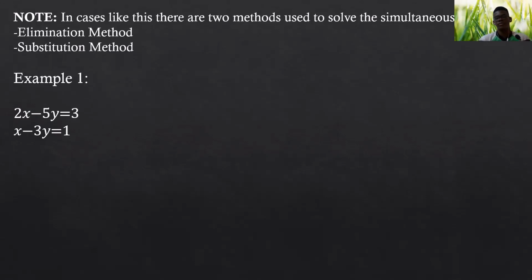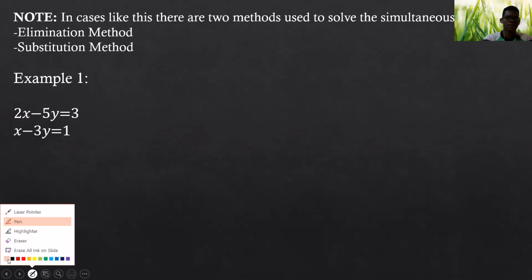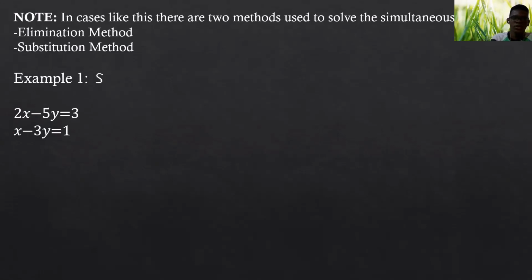But enough talking. Let's look at our first example of solving simultaneous equations, again when both equations are linear. Imagine you're being asked to solve the pair of simultaneous equations. When they say it's a pair of simultaneous equations, it means that x and y in both equations are the same.